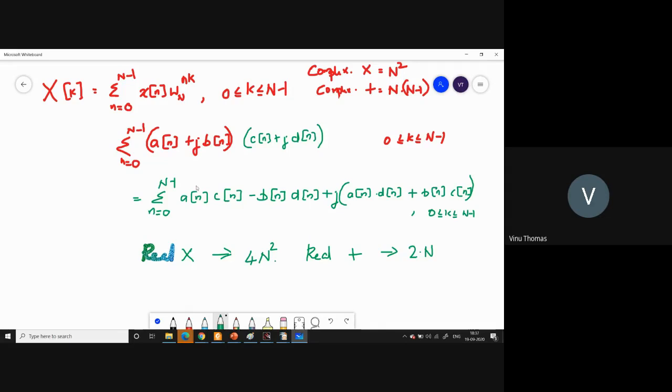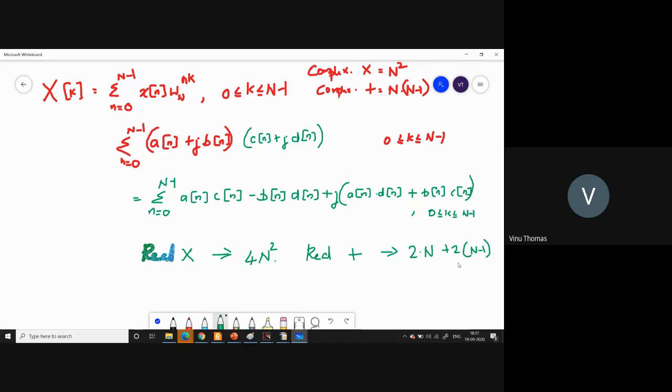So you have to add n such terms. Therefore you require n minus 1 additions here, and you also require n minus 1 additions here. How many more additions do you require? Plus 2 into n minus 1.